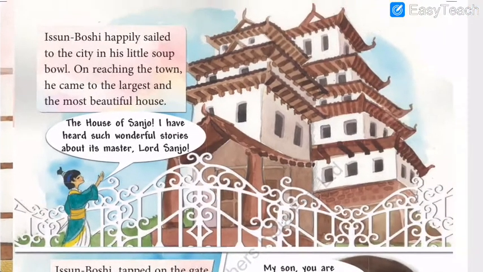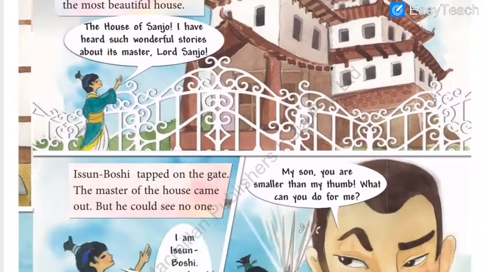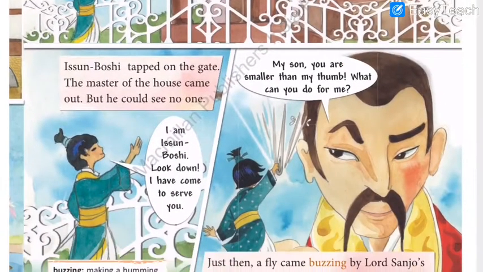Repeat one more time so you will remember the name thoroughly. The name of the owner or the master of this house was Lord Sanjo.